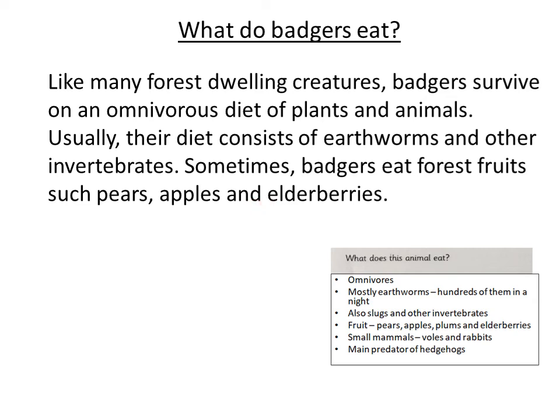So I have ticked off mostly all of these foods now. I just haven't covered these last two. But that would be my next sentence that I would write, okay? So you are going to be writing 3 or 4 sentences for this one as well to form a paragraph.